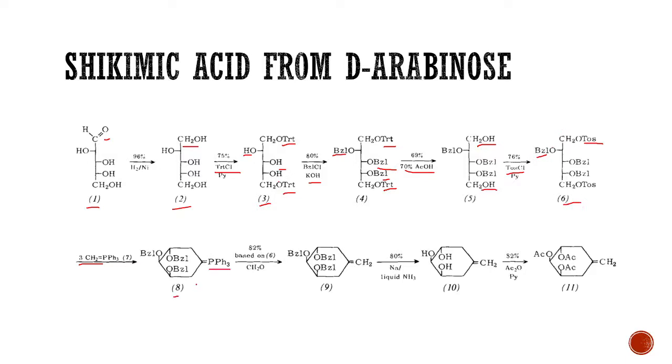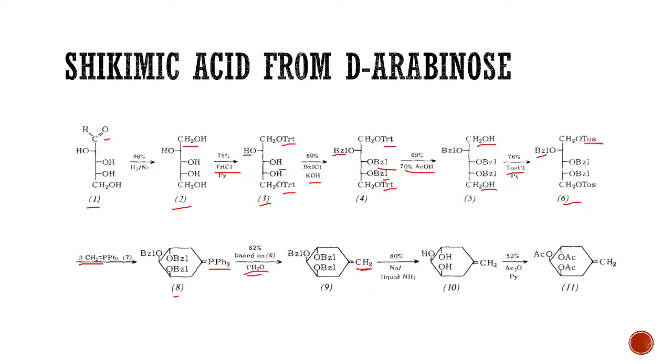The cyclic ylide is formed on treatment with CH2=PPh3 with the CH2OTs and CH2OTs. Once we get this cyclic ylide, the next reaction is again a Wittig reaction with formaldehyde. When formaldehyde reacts with this cyclic ylide, we get CH2 over here, an exocyclic double bond.